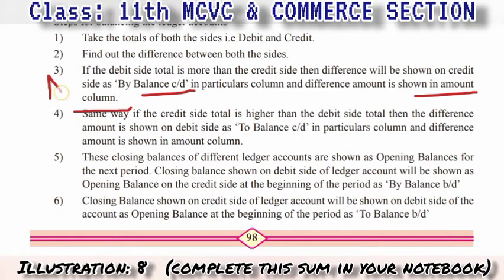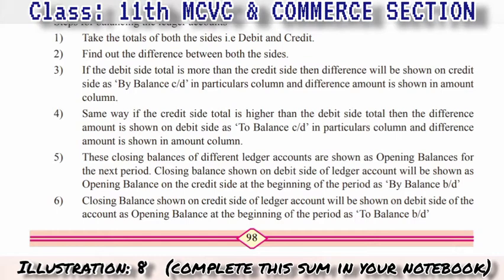Students, you will understand this only when we solve the sum later on. Just make a point that when we calculate the debit side and the credit side, whatever the difference is, we need to write it on the lower side as by balance carried down.